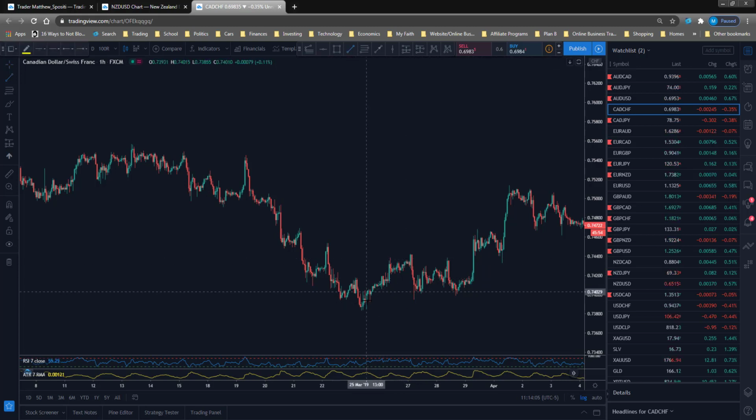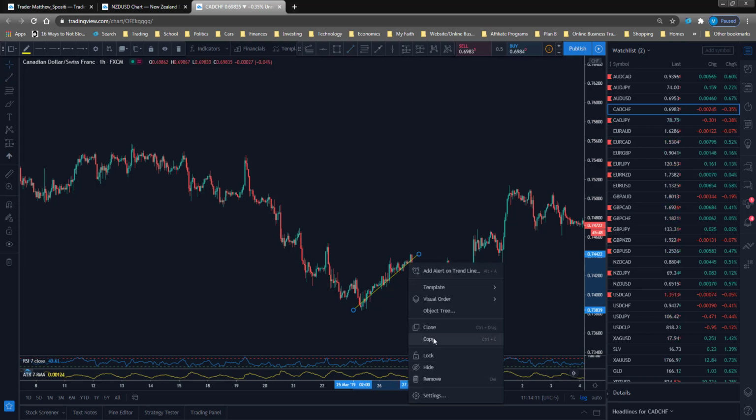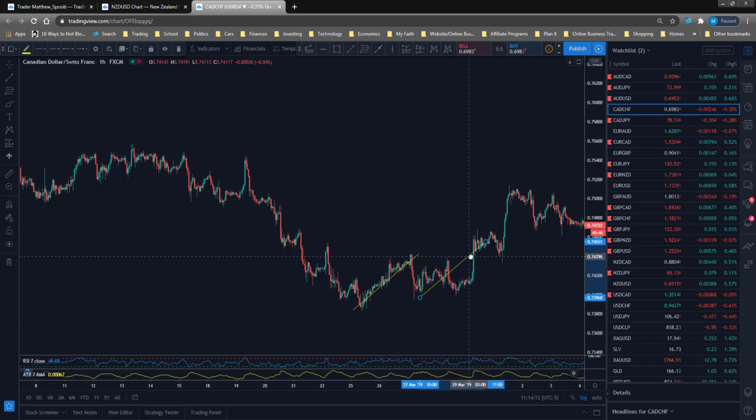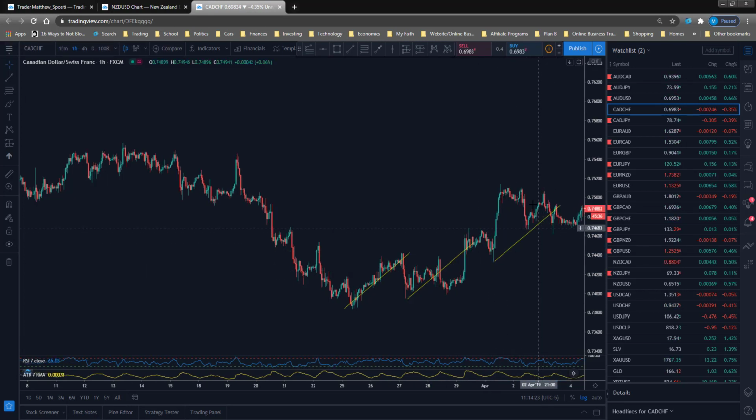was this a 3 drives? Let's see. Clone. Right here. It's not going to be a perfect 3 drives, obviously, but let's just see. Kind of, yeah.